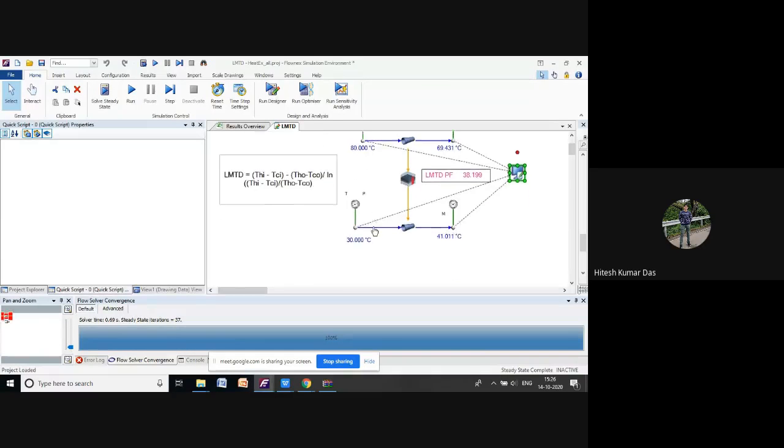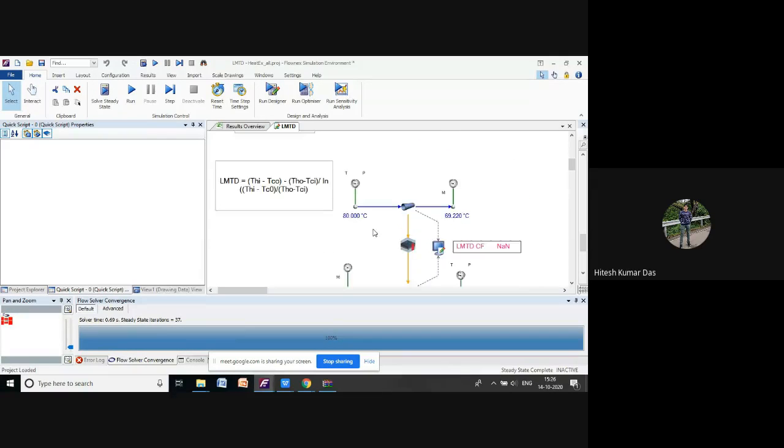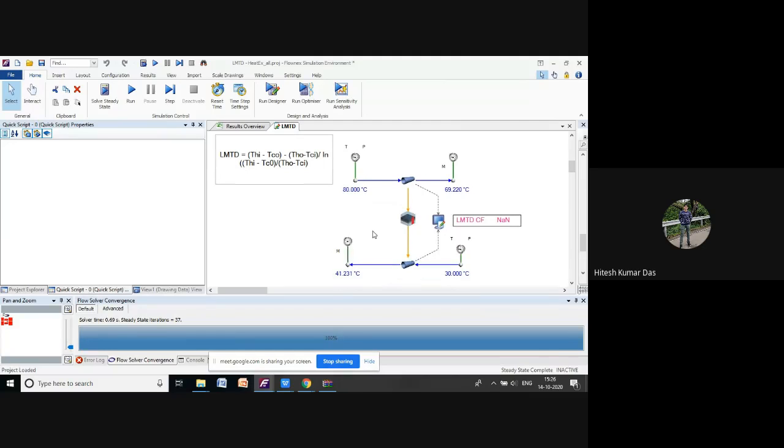Before that, I will show you the counter flow part. For counter flow, the heat transfer direction is opposite. On the hotter side, flow is happening in this direction, and on the colder side, flow is happening in this direction.